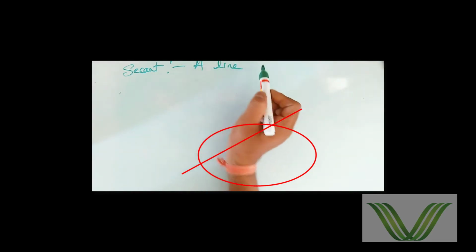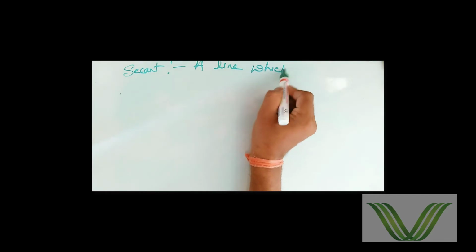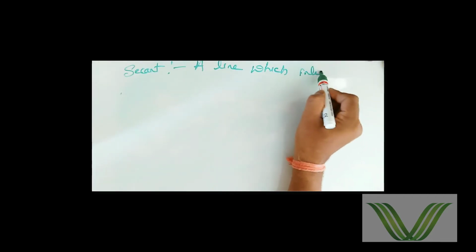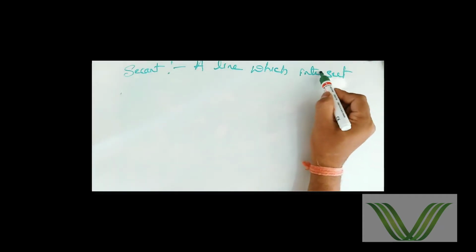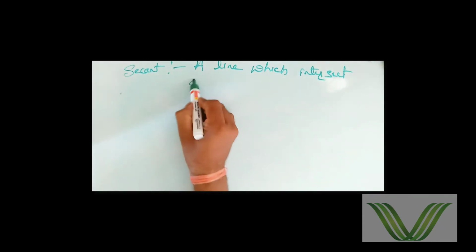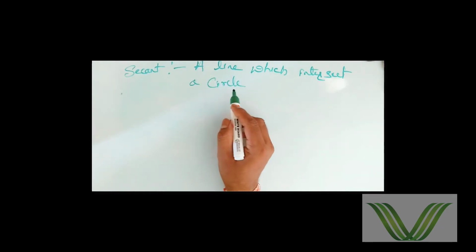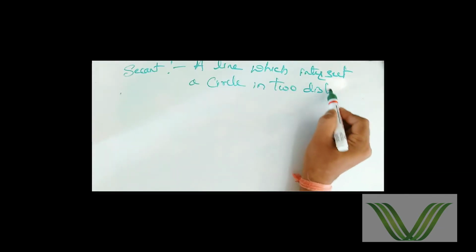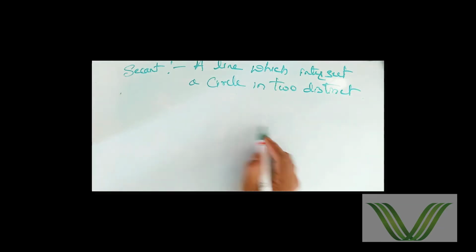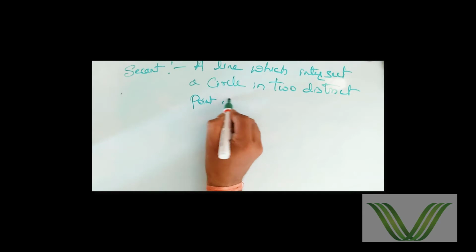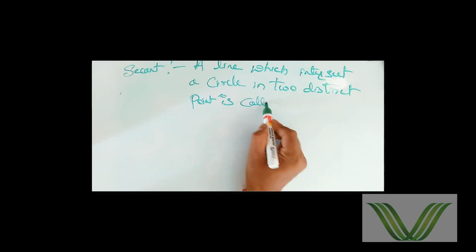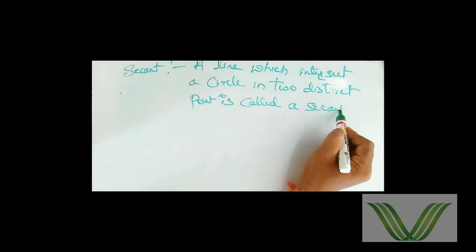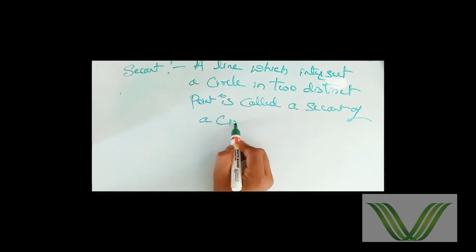A line which intersects a circle in two distinct points is called a secant of a circle.